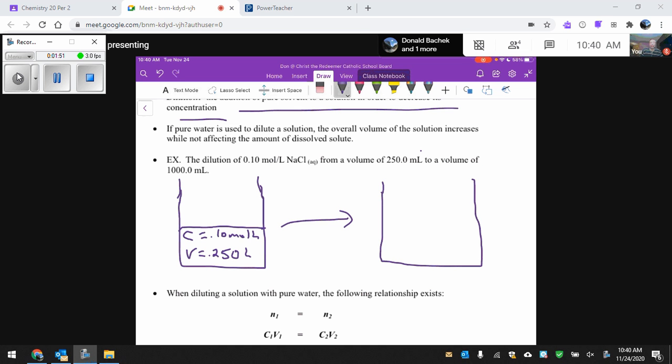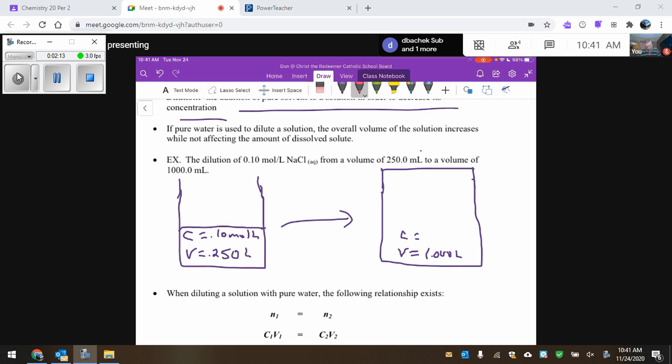And what they're saying is, if we just add water to this, so if we fill this up to 1,000 milliliters now, which by the way is a liter, how does that change? What happens here? Well, obviously the concentration is going to go down, but let me show you.